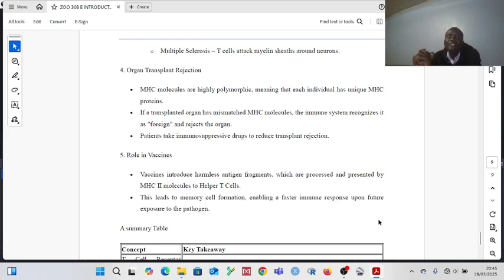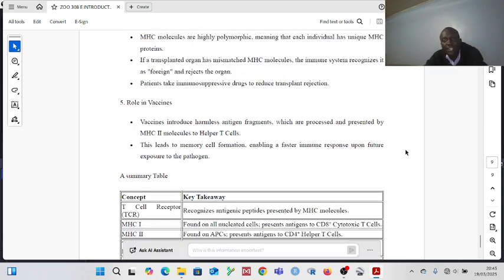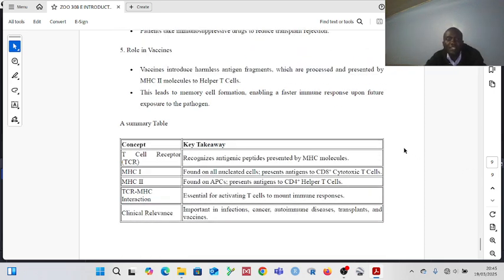So to prevent that rejection, people opt to suppress the immune system by using immunosuppressive drugs.